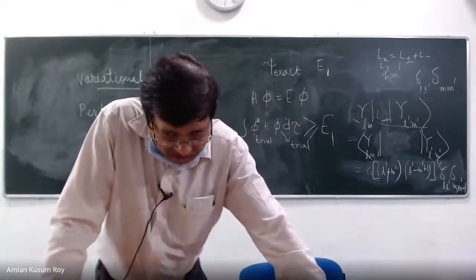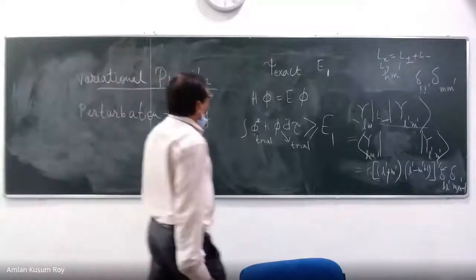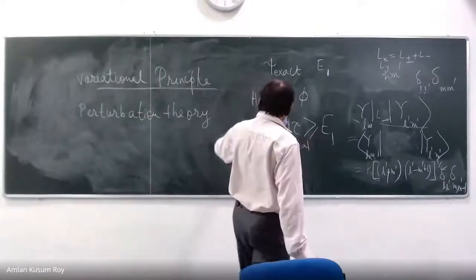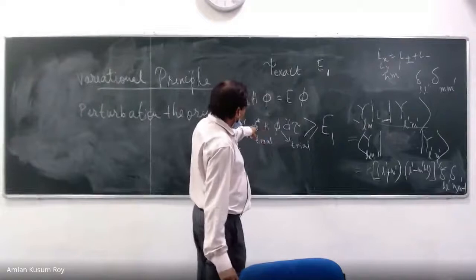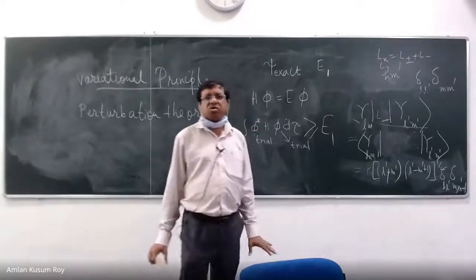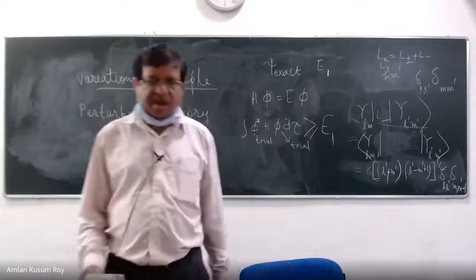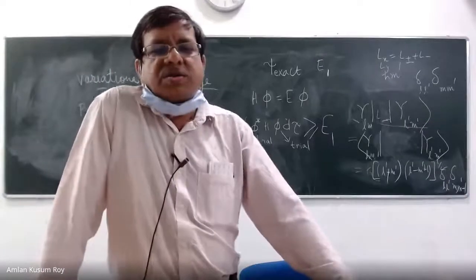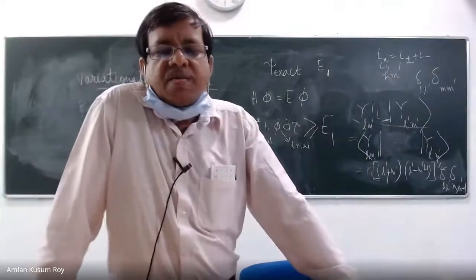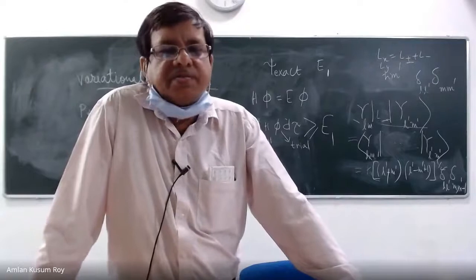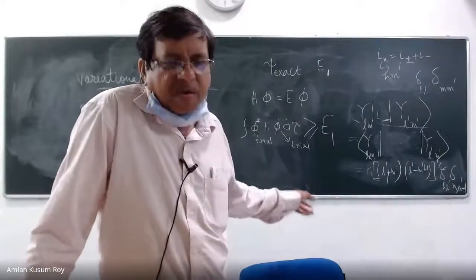So they are not the same quantity. You understand? So what this tells is that a trial function should always give you an expectation value of energy which is an upper bound to your minimum correct energy. So this is an upper bound.